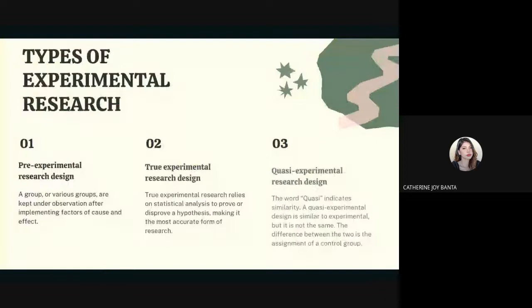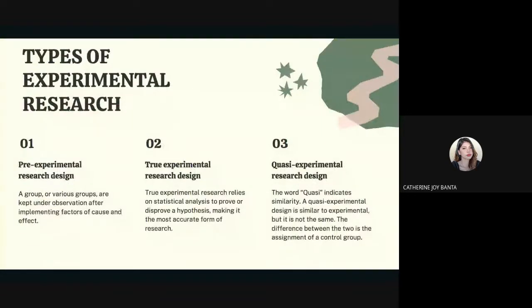There are different types of experimental research. So we have pre-experimental research design, true experimental research design, and quasi-experimental research design. So for pre-experimental research design, a group or various groups are kept under observation while implementing factors of cause and effect.